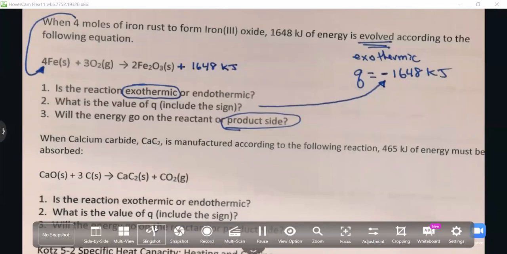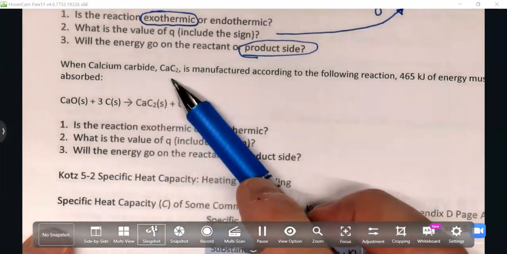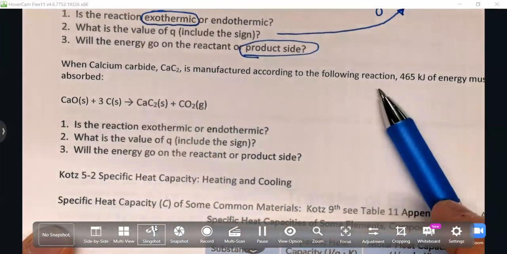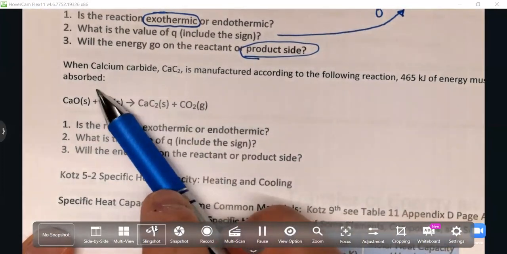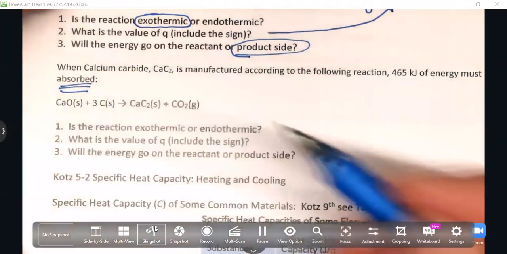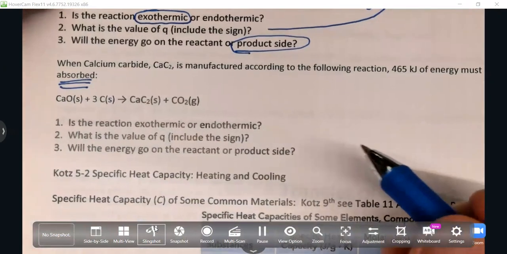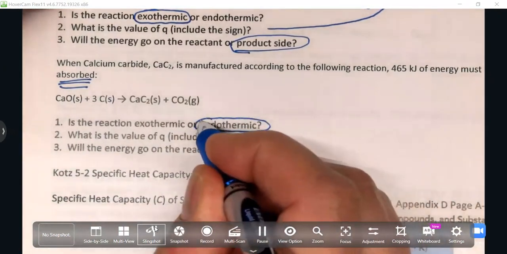Okay, another odd question, I guess. When calcium carbide is manufactured according to the following reaction, 465 kilojoules of energy must be absorbed. So for this, then, we know that it is endothermic.